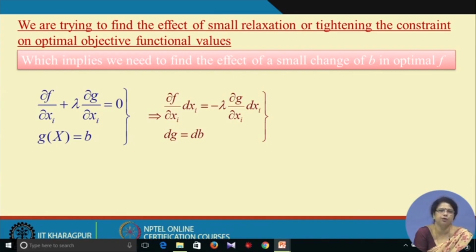What do you mean by sensitivity analysis of an optimization problem? You must have done sensitivity analysis for the linear programming problem. It means that if I change the feasible space a little bit, if I reduce the feasible space a little bit, or if we extend the feasible space a little bit, how is the optimal solution affected. The objective function is the same, but we are changing only the feasible space. Your feasible space is constructed with g(x) equal to b. If I make b equal to b plus delta, that means we are relaxing the feasible space.